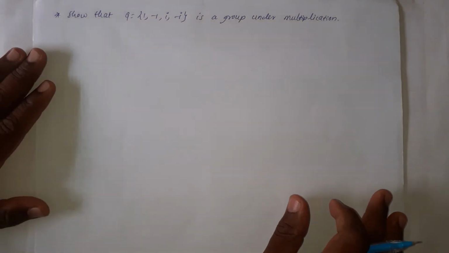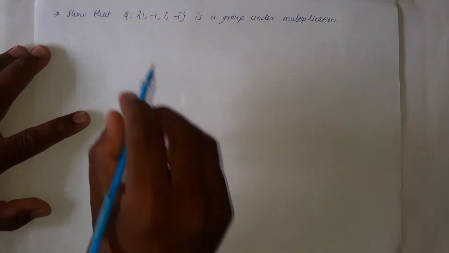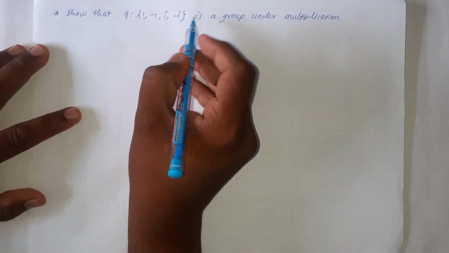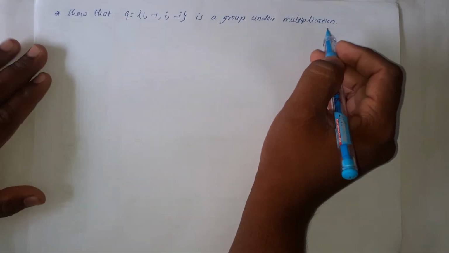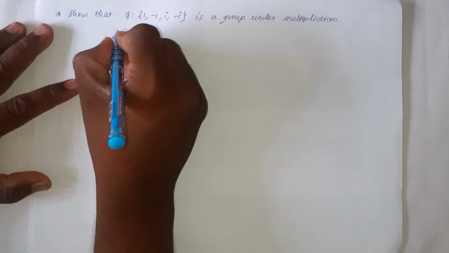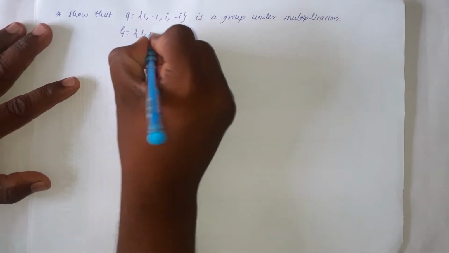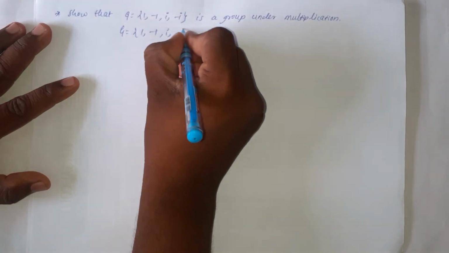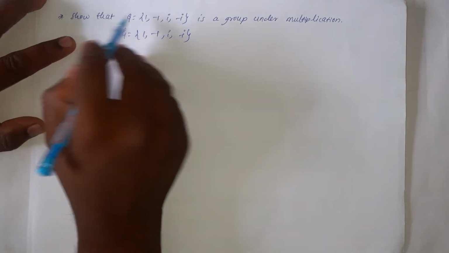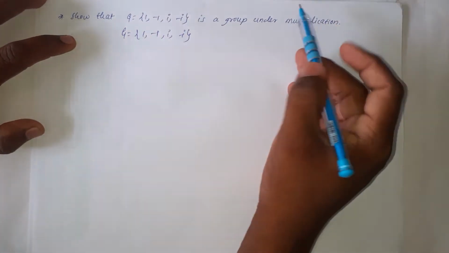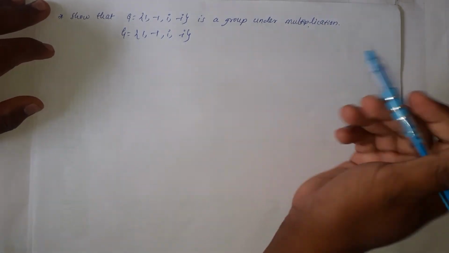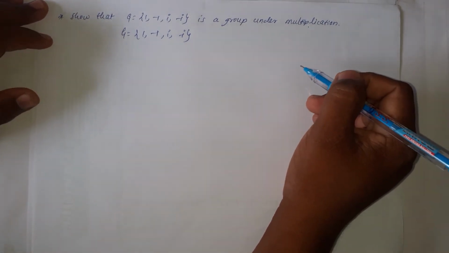The next example is: show that G equal to {1, minus 1, i, minus i} is a group under multiplication. Here the given set is the 4th roots of unity. We need to prove this set is a group with respect to the binary operation multiplication, so again we need to satisfy the 4 laws.